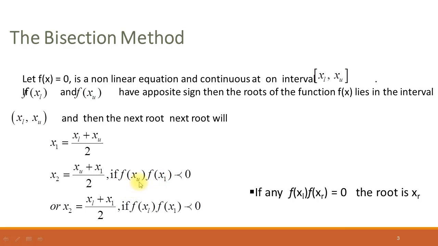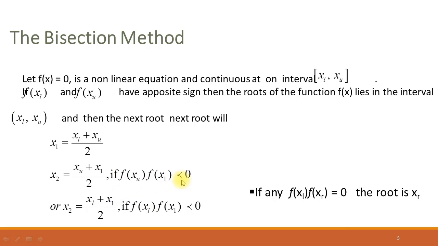If f(xu) f(x1) < 0, this means the function has opposite signs at xu and x1, then the root lies between xu and x1, and x2 = (xu + x1)/2. And if the function has opposite signs at xl and at x1, then the next root x2 lies between xl and x1, and x2 = (xl + x1)/2.